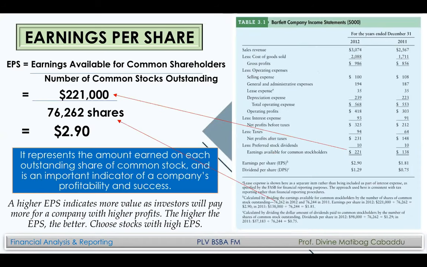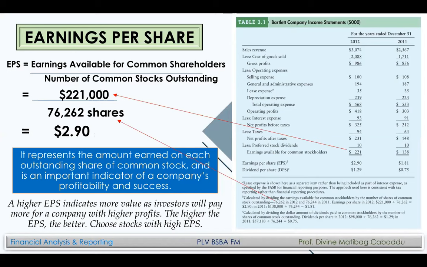Okay? Now, earnings per share naman, we talk about the net income minus preferred dividends, or also known as EACS or EAC, earnings available for common shareholders. Yung net income, okay, na natira after ibawas mo yung dividends for the preferred shareholders, i-divide mo ngayon doon sa total number of common shares na pag-aari ng mga common stockholder. Alright, so 221,000, this is the net income after madeduct yung preferred dividends, divided by the total number of shares owned by common shareholders, we get an earnings per share of $2.90.